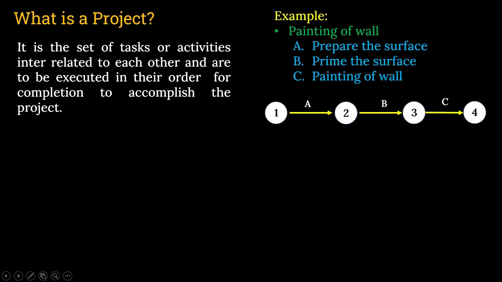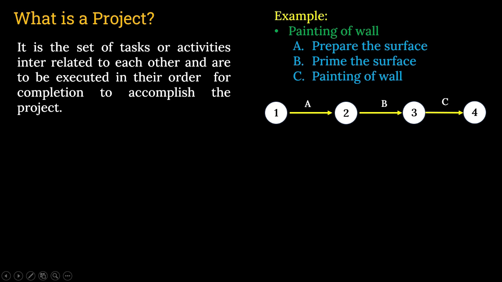Now here, I cannot start prime the surface before A is completed. That means preparing of the surface. If the surface is not ready, I cannot apply primer on the wall. That is very obvious. And I cannot even start painting the wall before B and A are completed.